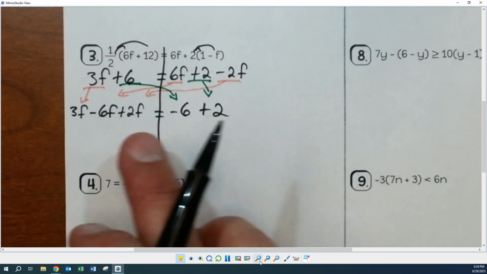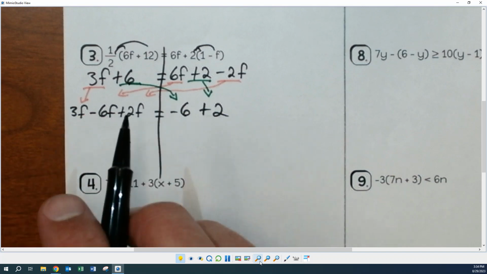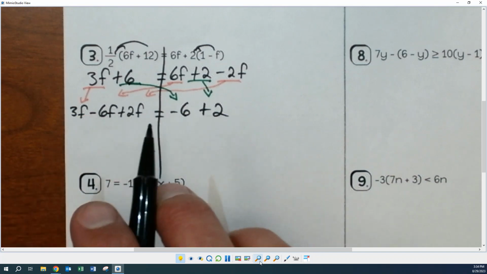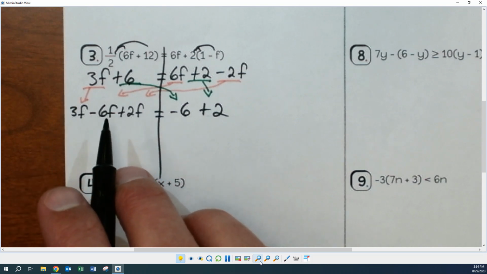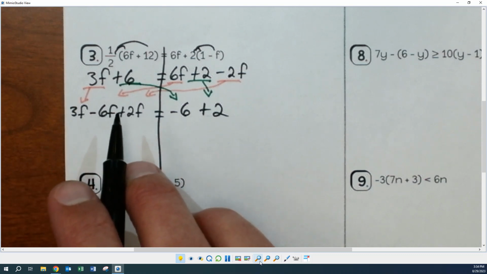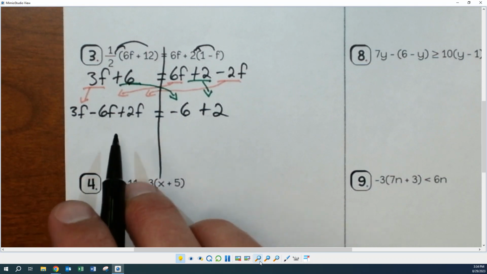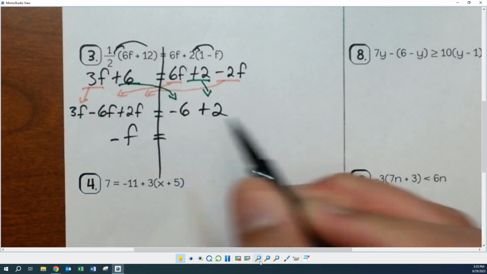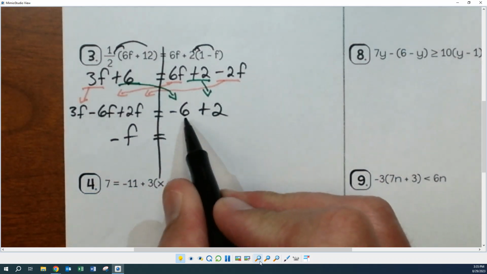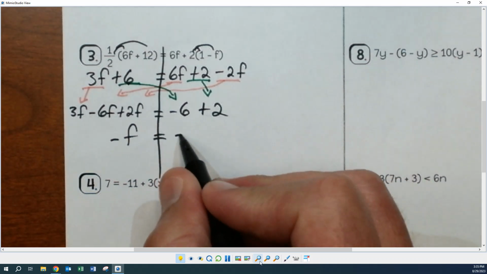Now I combine like terms. I have all of my variables over here, so I'm just going to add and subtract and combine them all. 3f minus 6f is negative 3, plus 2, that becomes negative 1f, or just negative f. Negative 6 plus 2 is negative 4.